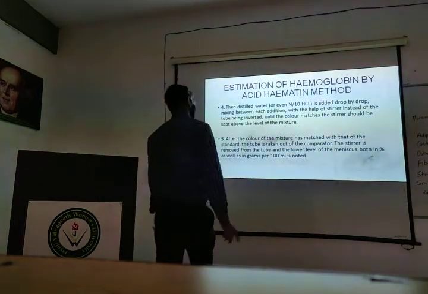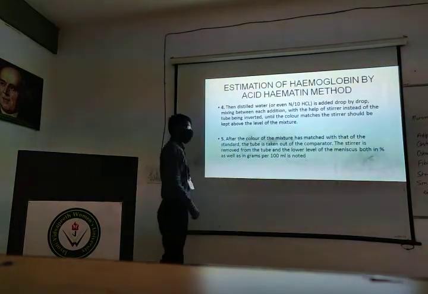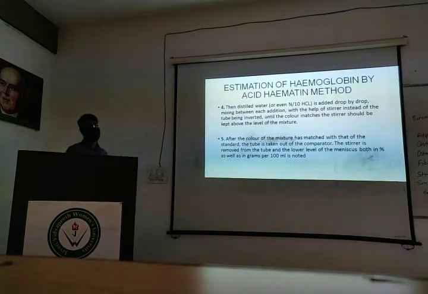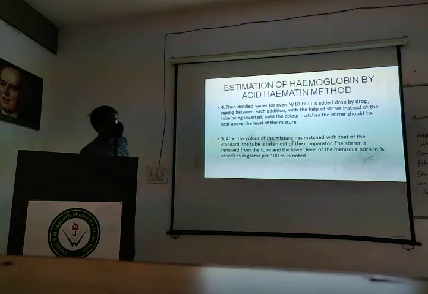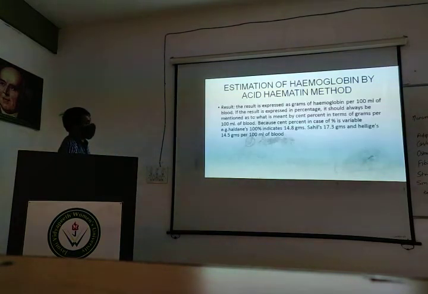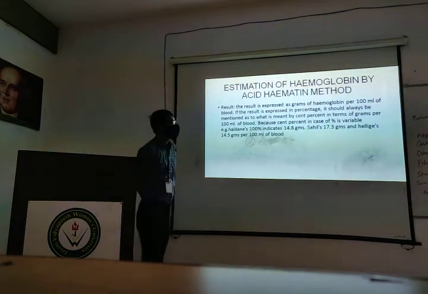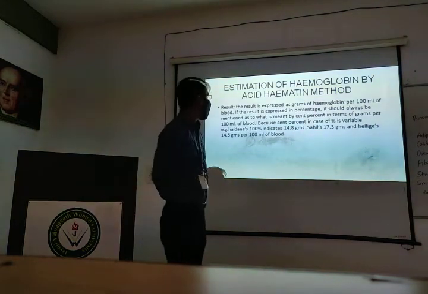For the given sample, it can be from 12 to 16 in males, or from 10 to 14 milligram per deciliter in females. The result is expressed as gram of hemoglobin per 100 ml of blood.